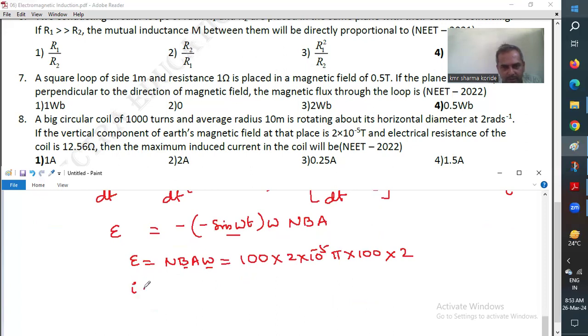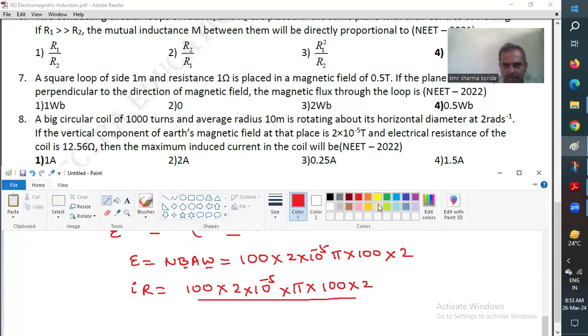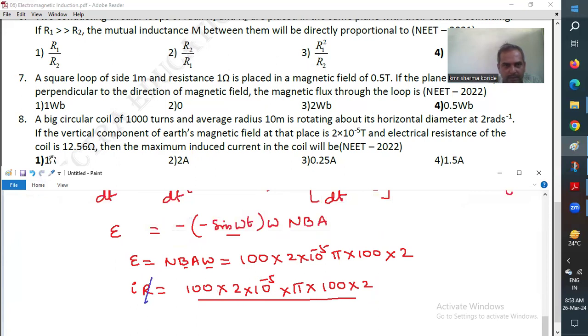On the other side, we have EMF, which can also be written as I into R, because the question asks for the current. So I equals 1000 into 2 into 10 to the power of minus 5 into pi into 100 into 2, divided by R. Writing the value of R as 12.56, remember pi is 3.14, so 3.14 into 4 will be 12.56.